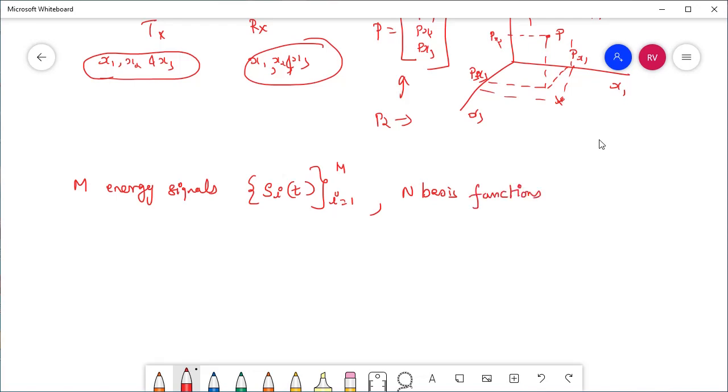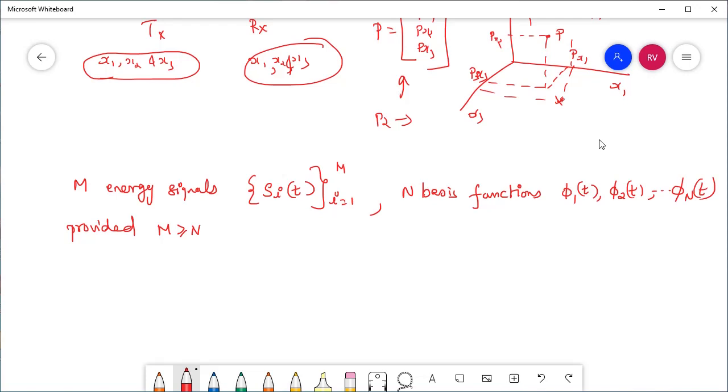phi 1 of t, phi 2 of t, etc. up to phi n of t, provided m is greater than or equal to n, or n is less than or equal to m.